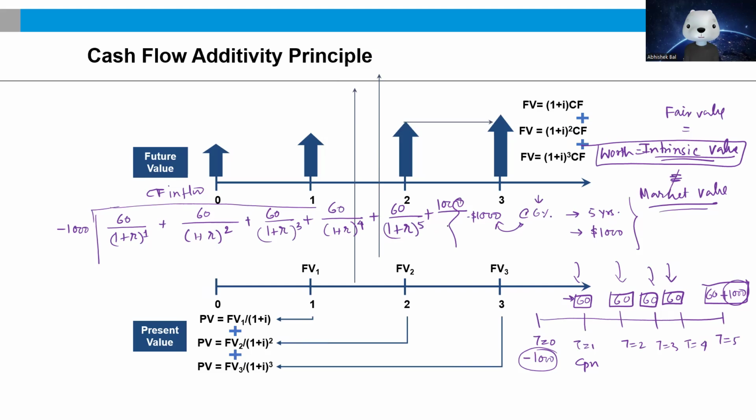We call this the face value, R to the power 5, right? These are the cash flows. If you add all of this cash flow, this is where we are going to term them as the present value of all cash flows, right? Because these are the cash inflows. Sometimes that is being represented by this large sigma.